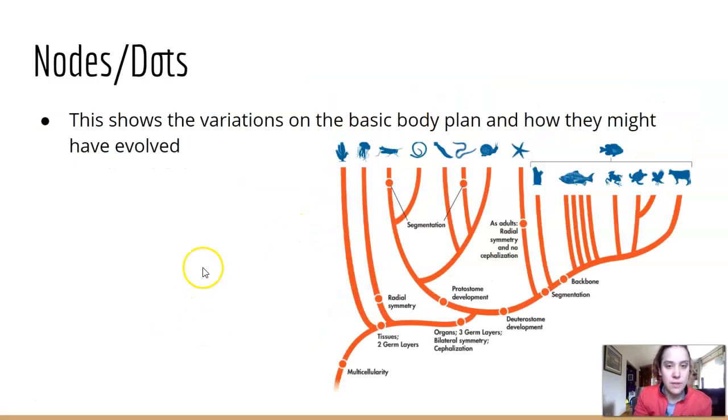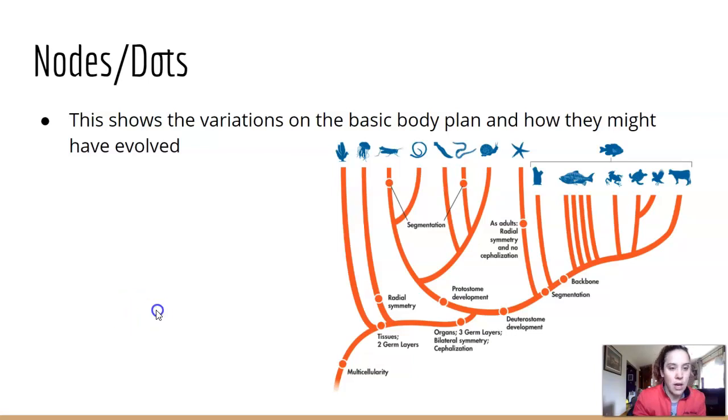So this shows the variations of the body's basic plan and how they might have evolved. Who might be your closest ancestor? And the nodes represent common ancestors between those species. At some point in the past, a population of common ancestors was divided, right? So each node is that split, that branch off into something different. Some cladograms show extinct organisms and species.